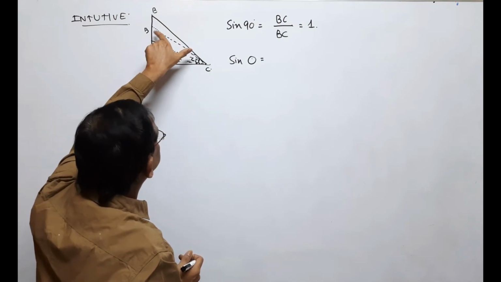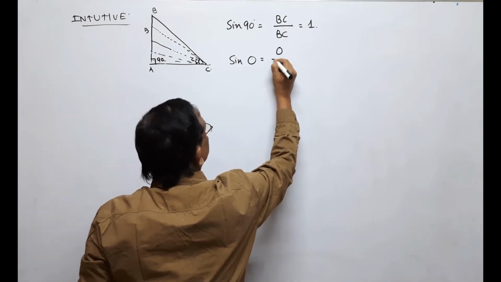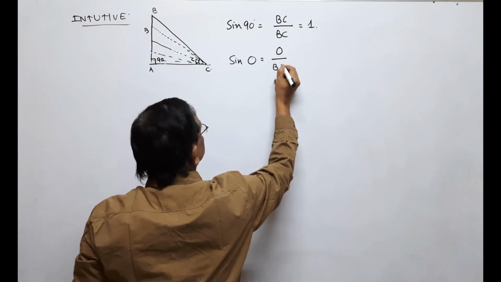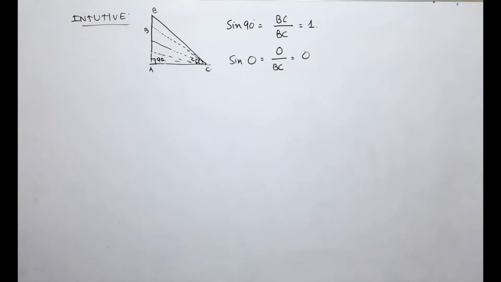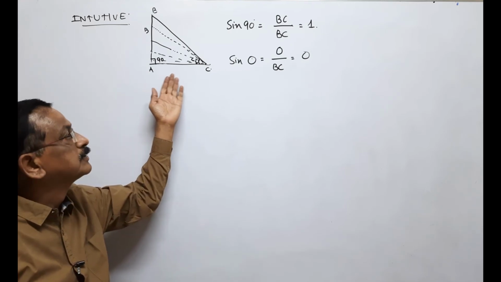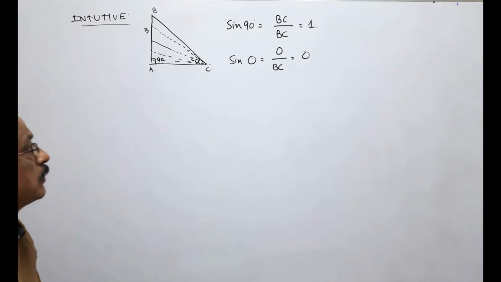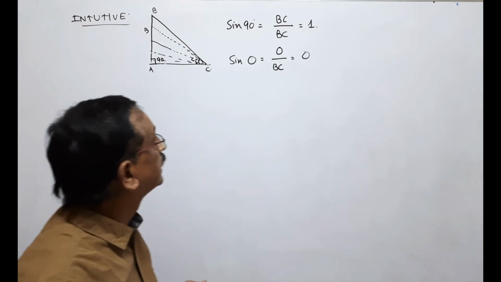That means BC has coincided with AC. So sine 0 is 0 by BC, which is 0, because BC has coincided with AC. Now sine 0 is 0, sine 90 is 1.